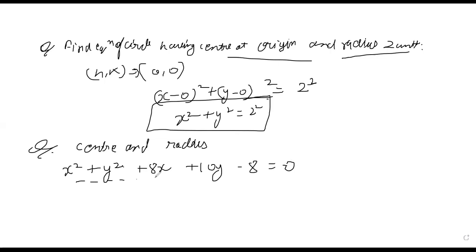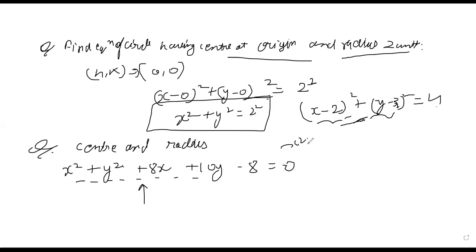In this, the equation is open, like if we have x minus 2 whole square plus y minus 3 whole square equals 4, I have taken this example. In this the equations are open, using the formula a minus b whole square. Now they are asking to find the center and radius, so for that we need to convert this equation into this form.